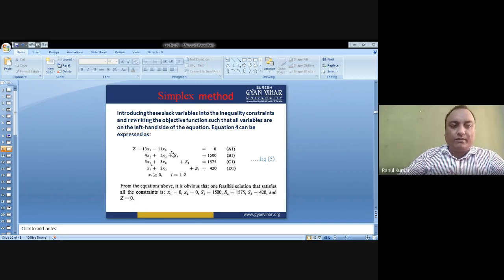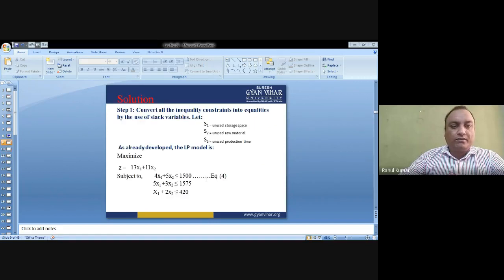Then equation 4 can be expressed as equation number 4.